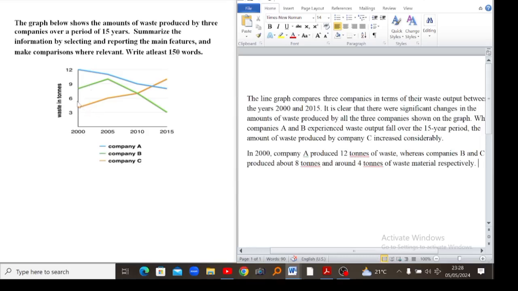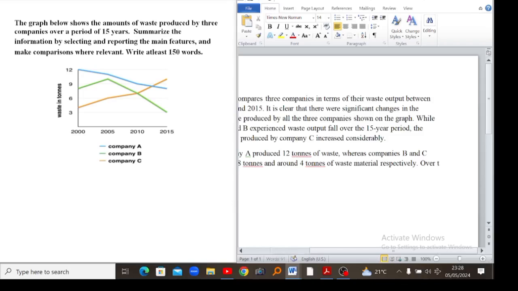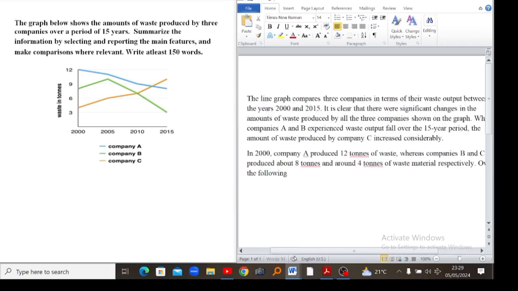So let's talk about this period from 2000 to 2005. Those are 5 years. So we shall say over the following 5 years, or 5-year period, the waste outputs of companies B and C rose.